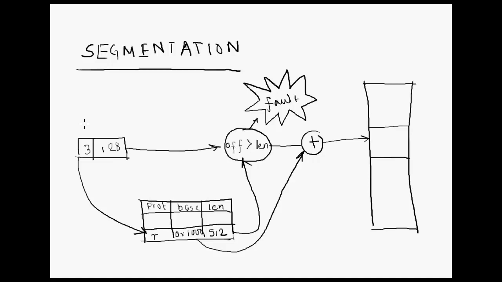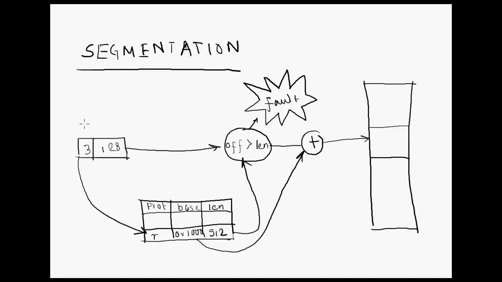A segment table is nothing but what we have already discussed, a base and bound register. It's a table which maintains a base address and the length of the memory location that is allocated, and it also has a protection bit which tells whether this memory location is read-only or modifiable.